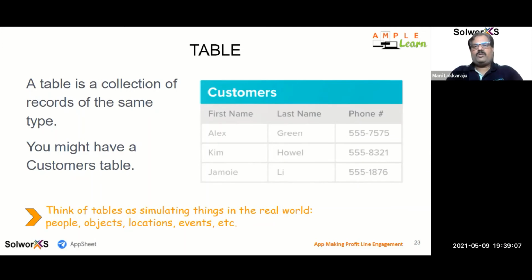So customer becomes our primary table. Once this table is available, we can get many views of the customer. There are different perspectives of knowing the customer, but the core data that we want to capture is a customer. So that core data is called a table.